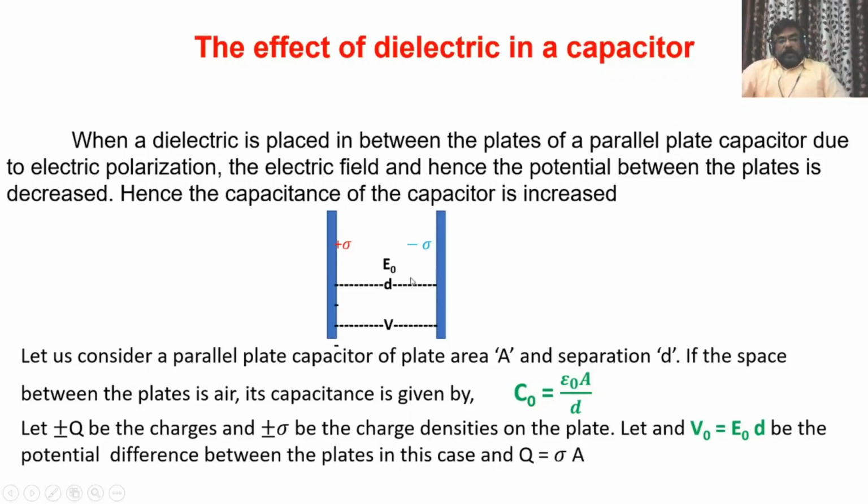The electric field in the region between the two plates of the capacitor is E0 and the potential difference across them is V0. E0 and V0 are related as V0 is equal to E0 into d. And the charge on each plate is given by Q is equal to sigma into A, where sigma is the surface density of charge.